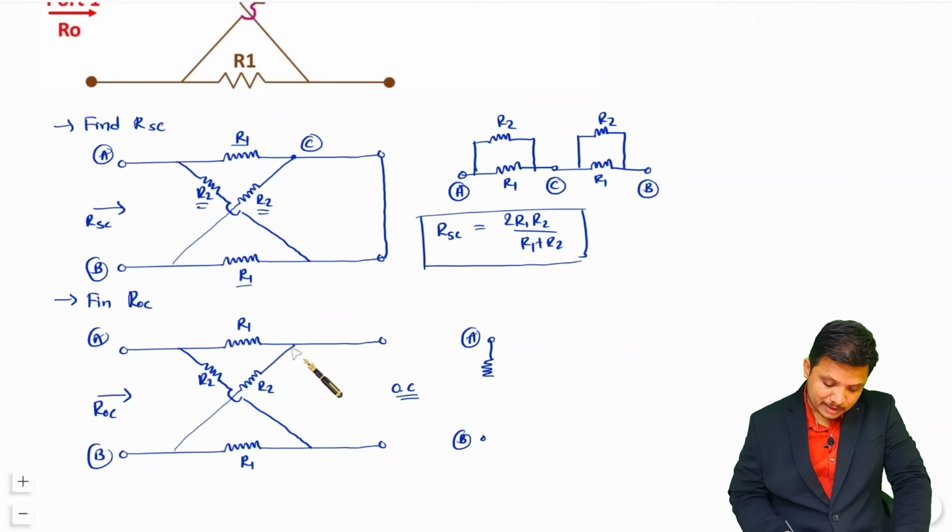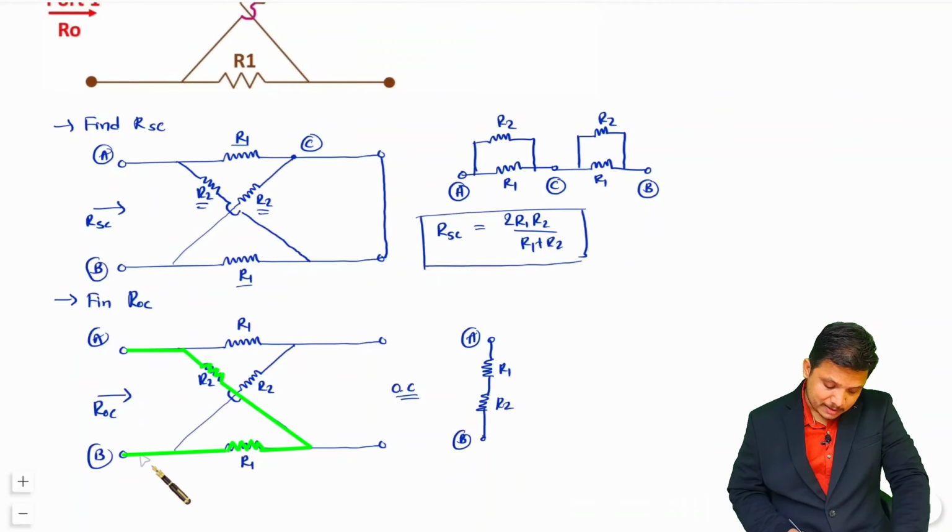So for this connection, R1 and R2 are there in series, and if you see these two resistors, that is also in series and that is connected in between A and B, right. So you see in between A and B, this R2 and this R1 are connected in series.